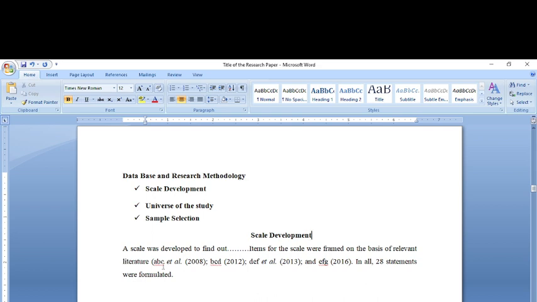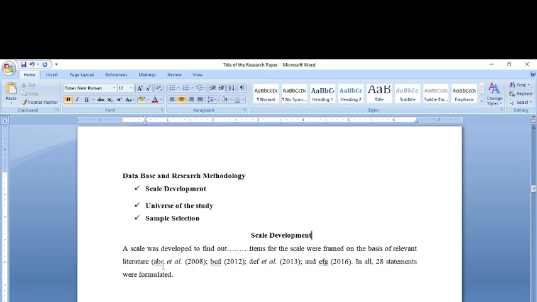I can also frame certain items on my own based upon the relevant review of literature. So I would then write all 28 statements or 38 statements, whatever is the number of statements I've developed for a particular study. I would write it in the part of my database and research methodology. So this is how you write about the scale development.